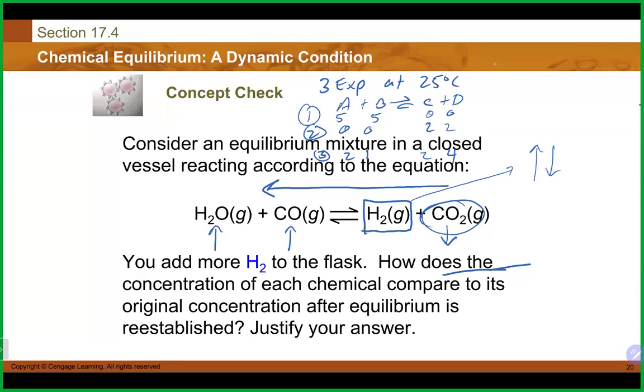Now, if you did the exact same 3 experiments, but it was at 40 degrees Celsius, the only difference being the temperature, you could calculate the K value for each of those experiments, and they once again would be the same value at 40 degrees. But if you compared the K value for those experiments at 25 degrees to the K value at 40 degrees, they would be different numbers. So that's what we're talking about when we talk about the temperature changing.